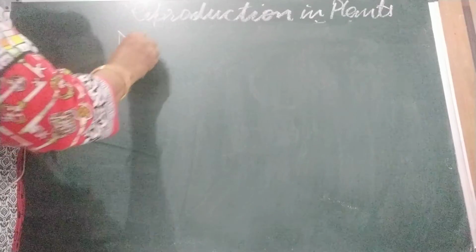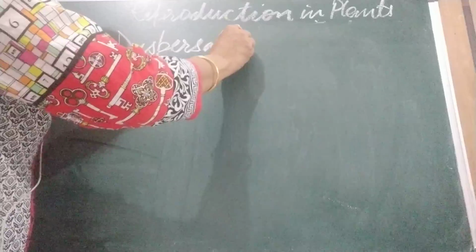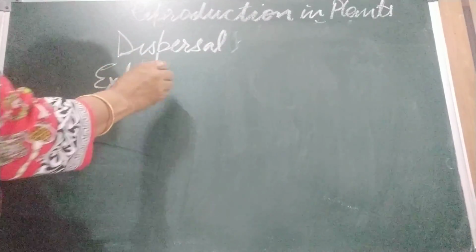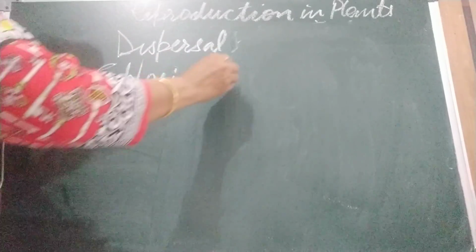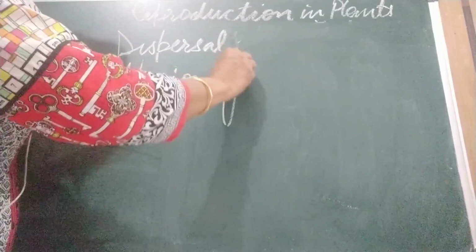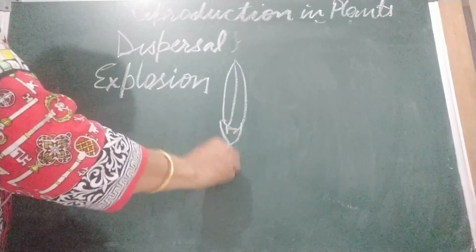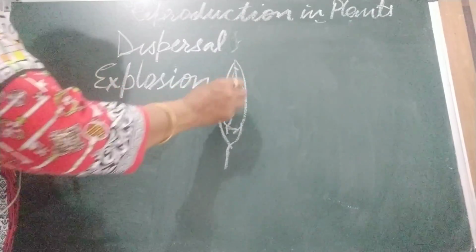First is dispersal by explosion. Children, you have seen lady's finger, a very good example. When this covering dries up, many seeds are inside this pod.